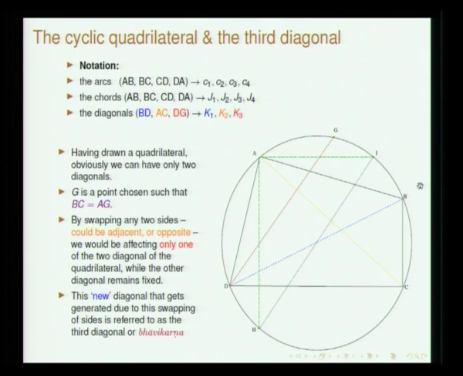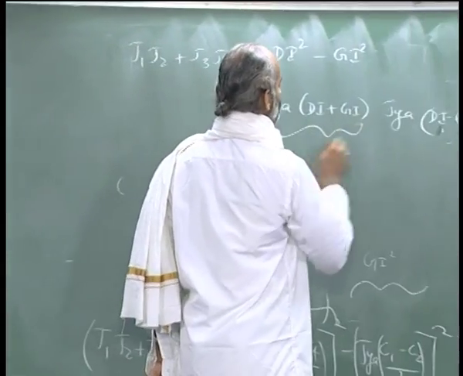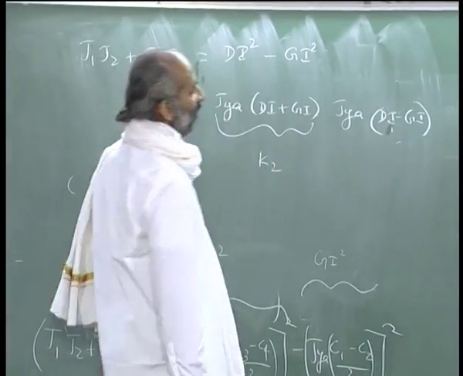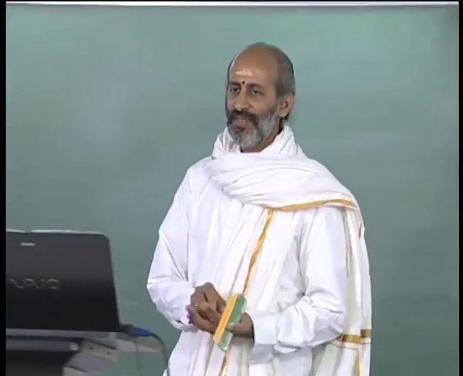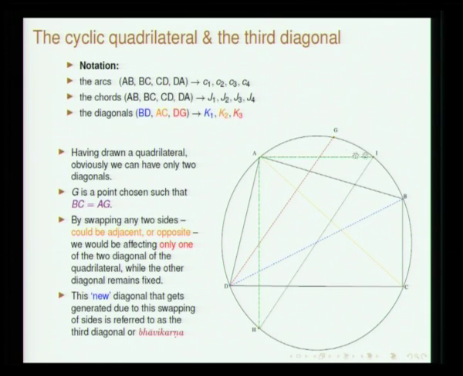So, which is one of the diagonals, K2. So, this is K2 and you can see what the other is going to be. So, this is DI minus GI. So, this is basically DG, which is the third karna, bhavi karna K3.